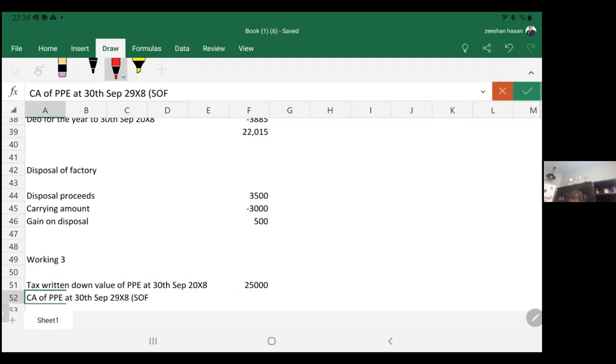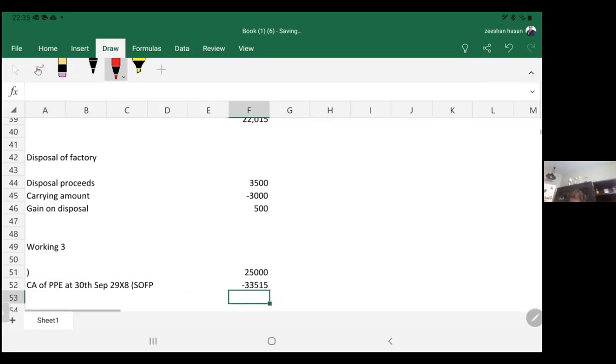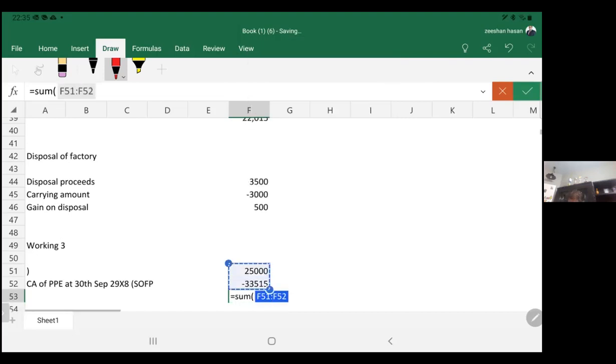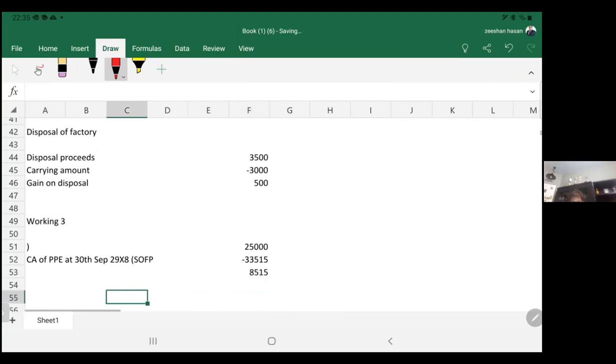Okay, what is that? 33,515 negative 33,515 is equal to, we will get 8515. We are done till here.